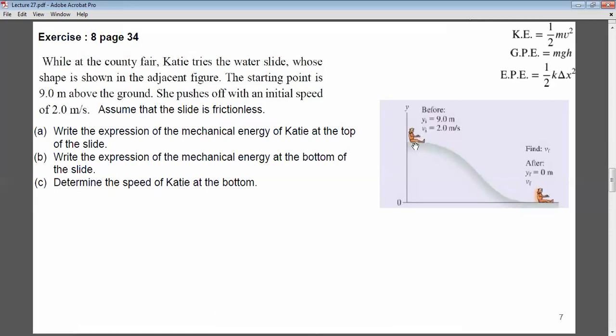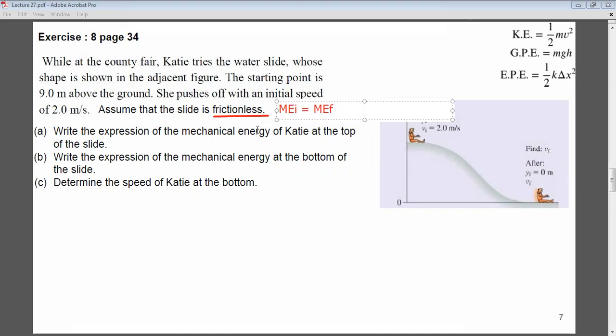So once she started, she gave herself a push equal to 2 meters per second. Assume the slide is frictionless. There is no friction. When I see a question like this and they tell me it's frictionless, it implies mechanical energy initial is equal to mechanical energy final.